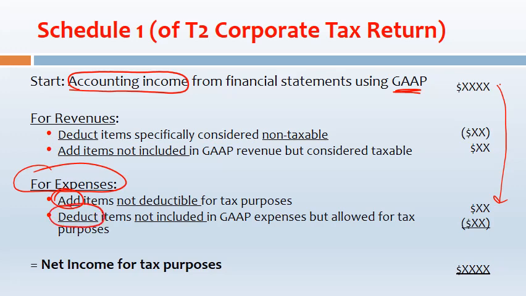And I'll go through a list of a few of those as this video progresses. The summation of all of this is going to equal our net income for tax purposes, and this is specifically business income. But as you'll see, hopefully right in the next slide, effectively for a corporation, for right now, the net income for tax purposes generally is just business income. They can potentially have other types of income as well, but for the most part, we're just looking at business income.